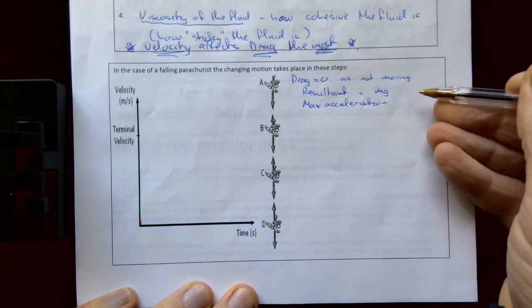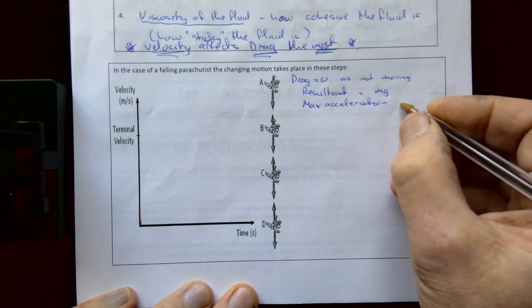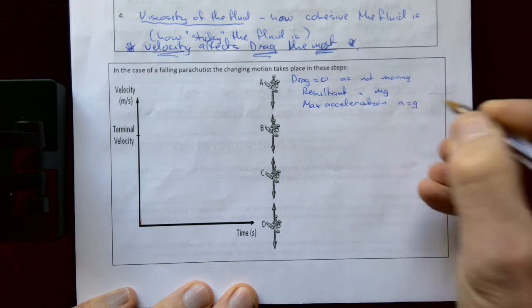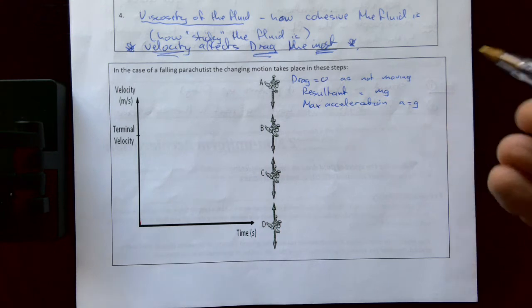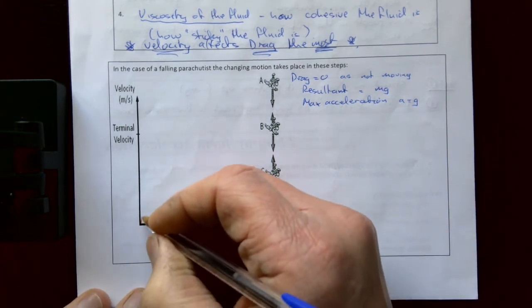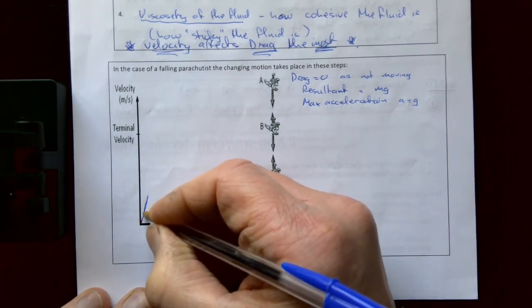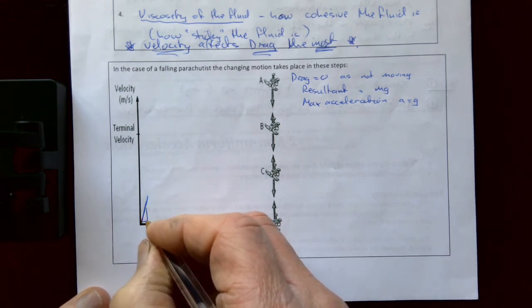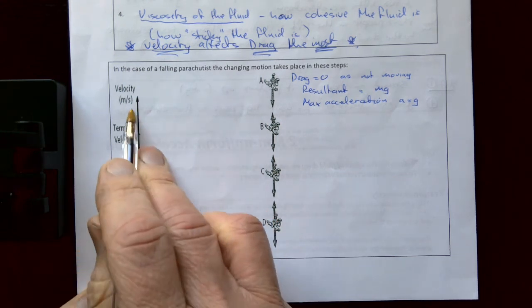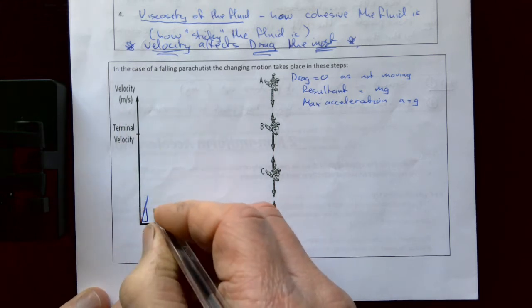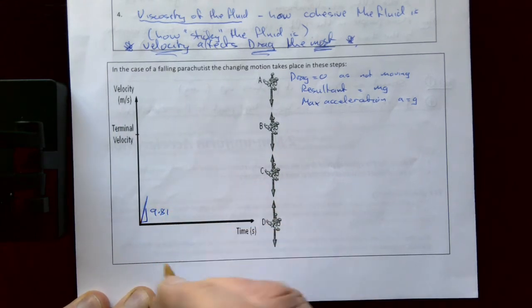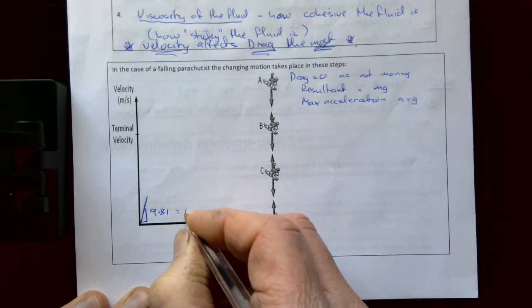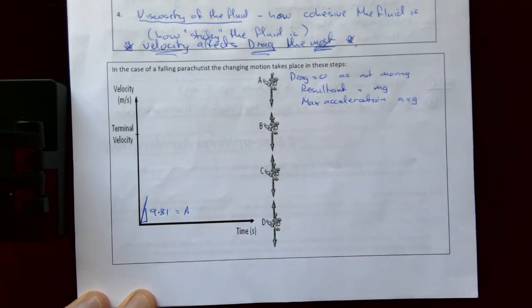What the mass does is it accelerates, so therefore a equals g. So at the beginning that's always true, and that means we have a very steep increase in velocity at the beginning. What is that value in change in velocity per second? 9.81. Okay, and it's always that in that first position in diagram A.